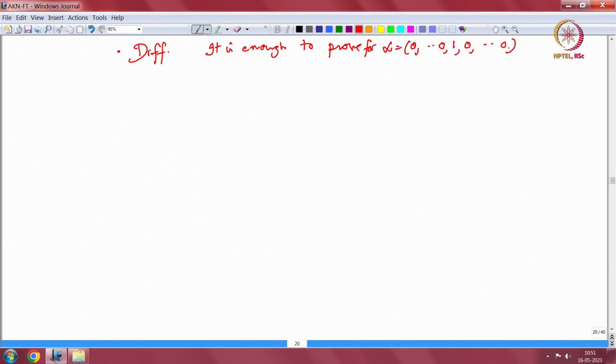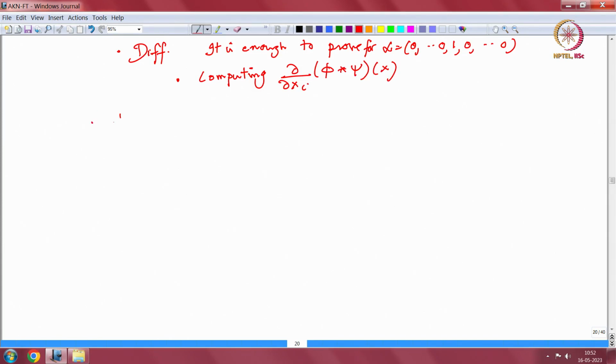That means we are computing d by dxi of phi star of psi at x. That is all we are trying to compute now. So, you have to only check the validity, nothing more than that. The same principle.